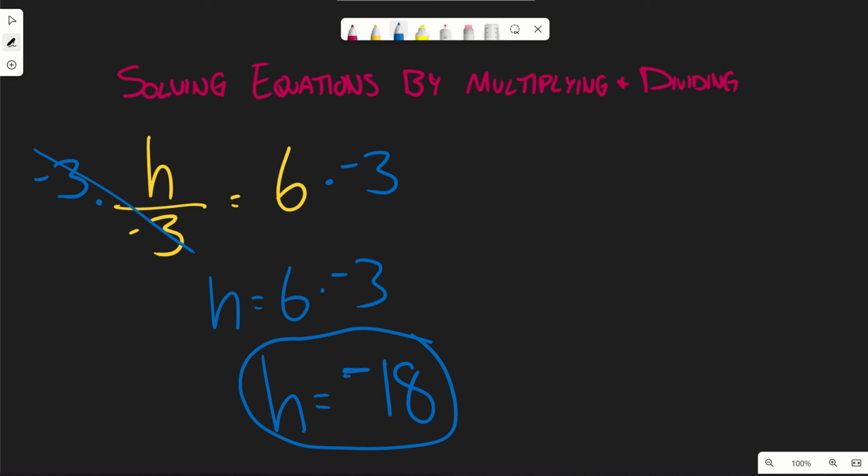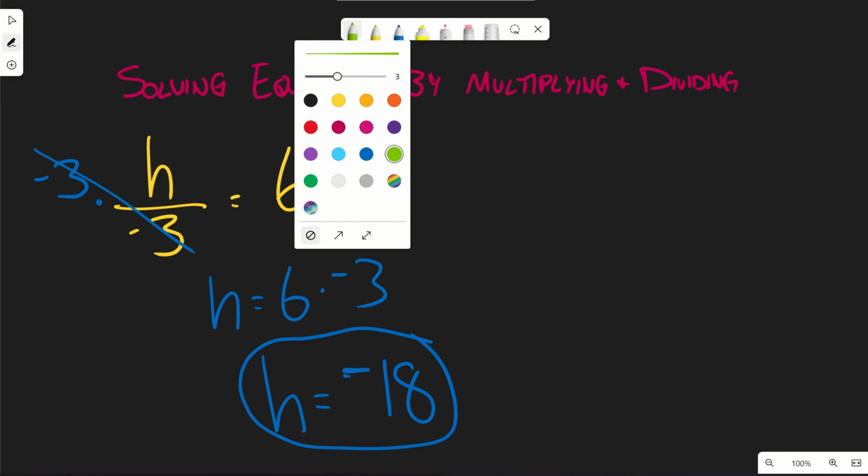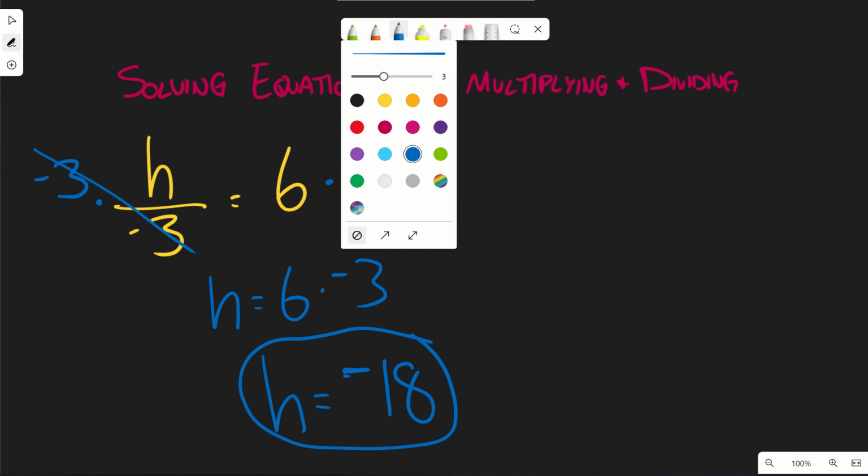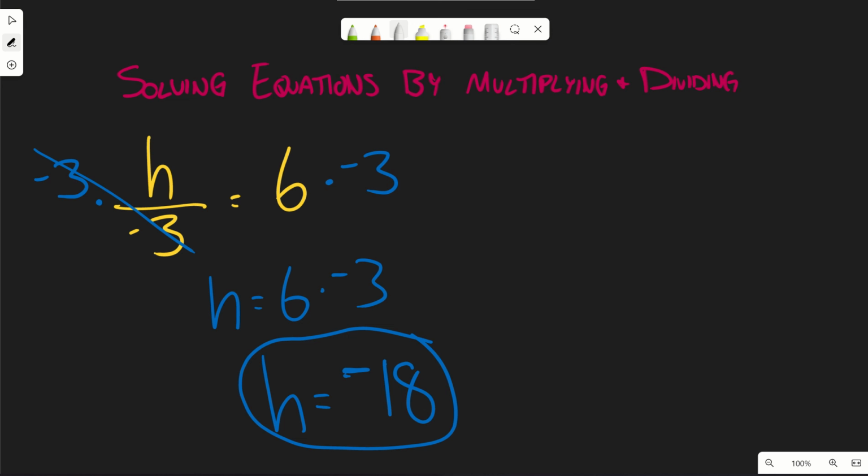Now, let's change some colors up here. We'll go green, orange, and light gray. We'll say b divided by 4 equals negative 5.